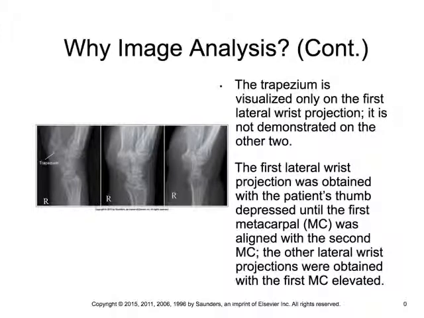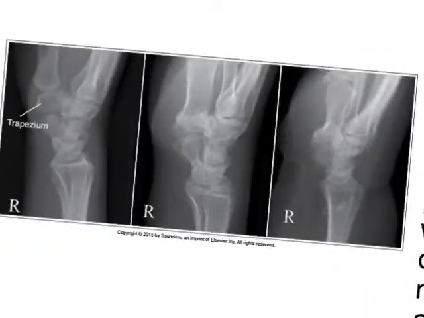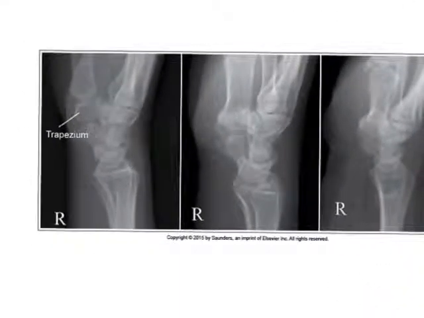So we can see right here real clearly. Let me magnify this just a sec. Here they've appropriately depressed that first digit, right? So that I can see the trapezium. On these other images, it's obscured due to overlap.